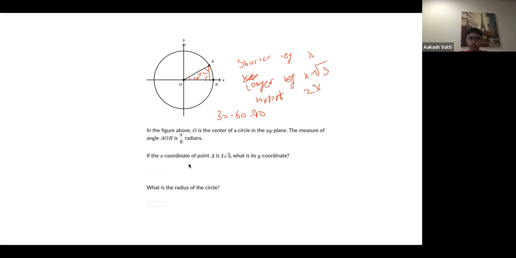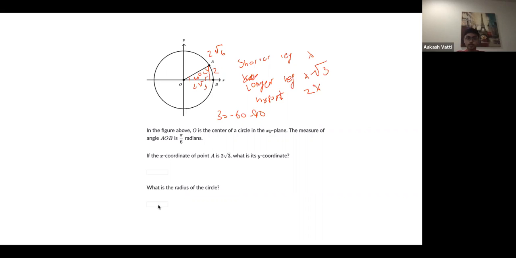Since we know that the coordinate point of A is 2 square root 3, the length of the longer leg is 2 square root 3. Because of that, x is 2, so the height of the shorter leg is 2.